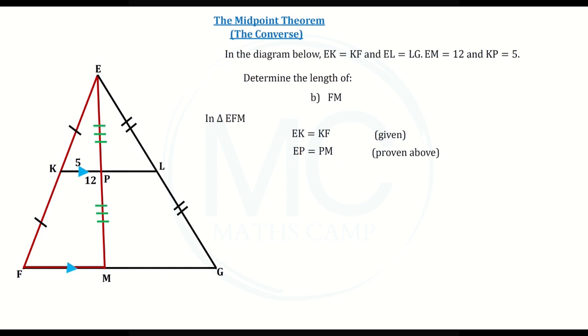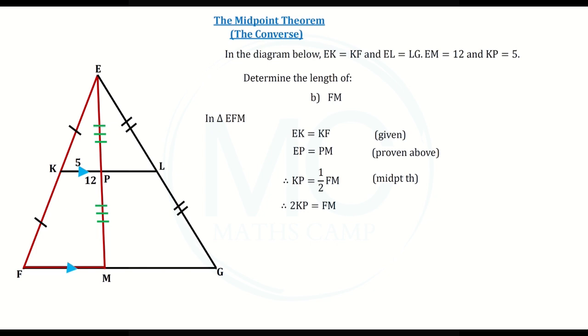According to the midpoint theorem, if a line bisects two sides of a triangle, it runs parallel to the third side and is half the length. This means that KP is half the length of FM. And as our reason, we use midpoint theorem. If KP is half the length of FM, then FM is twice the length of KP.